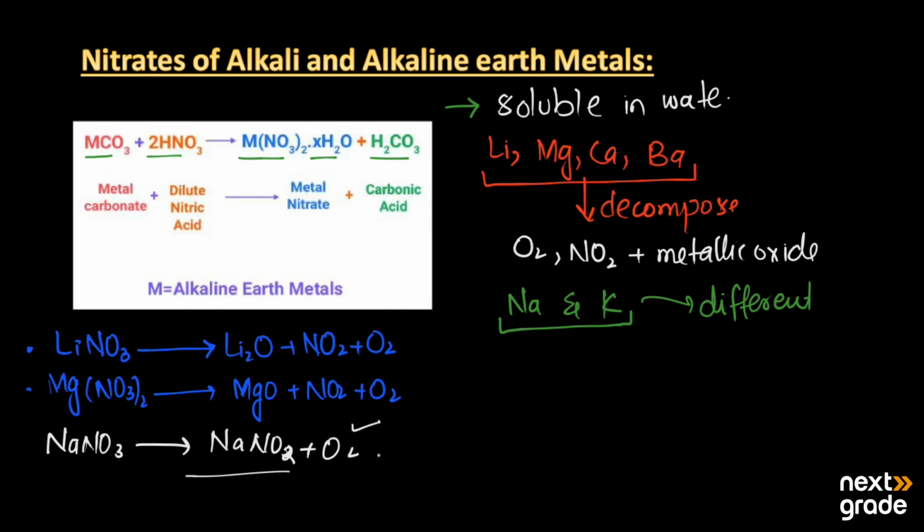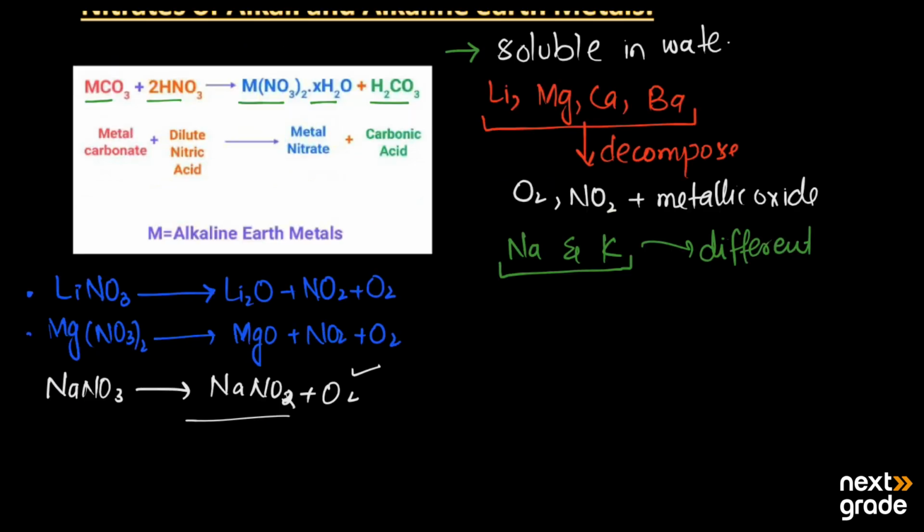So this is the difference between the decomposition products of the nitrates of sodium and potassium. On the whole, the properties of both alkali and alkaline earth metal nitrates are the same. There is not a big difference between these two.